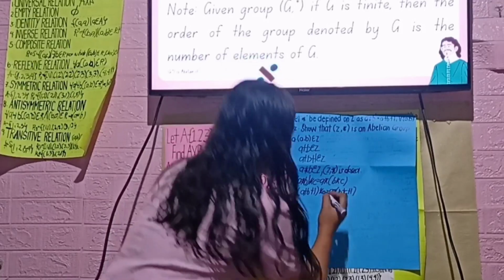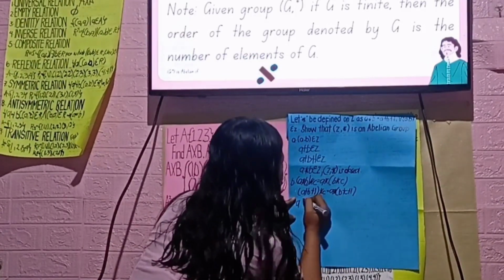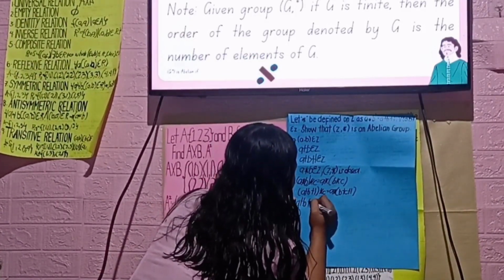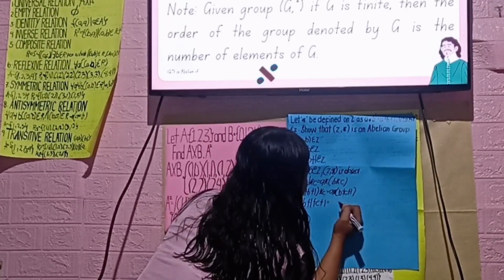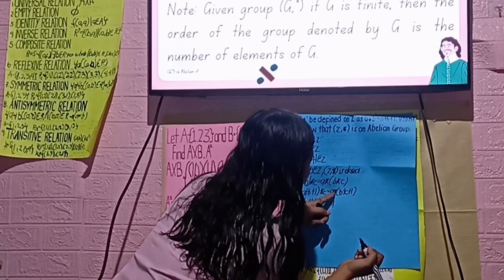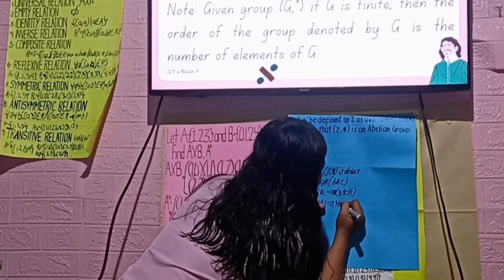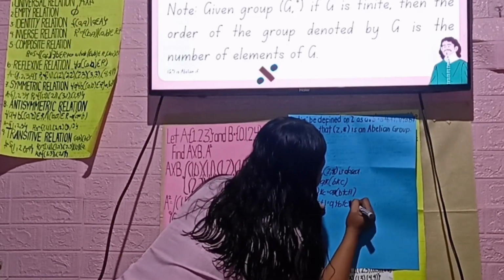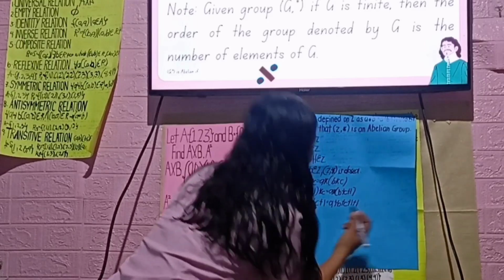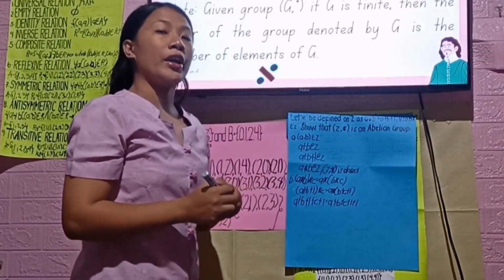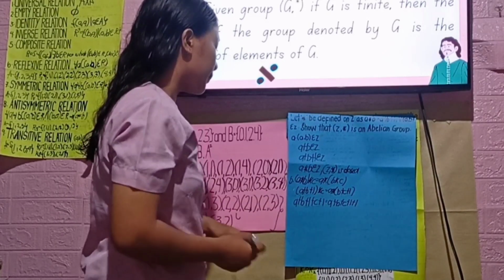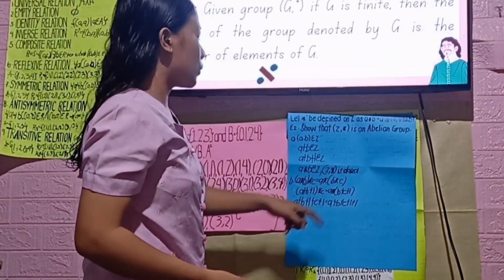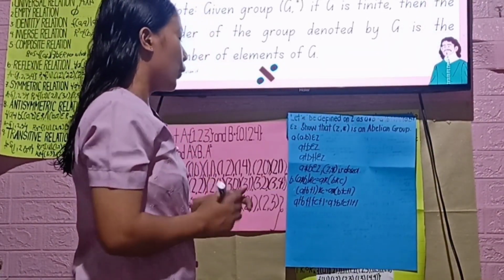So A plus B plus 1 plus C plus 1 is equal to A plus B plus C plus 1 plus 1. Now we combine the like terms: 1 plus 1 is equal to 2.